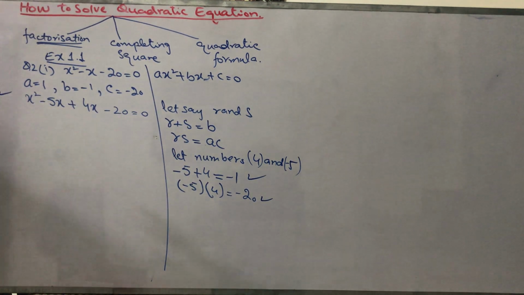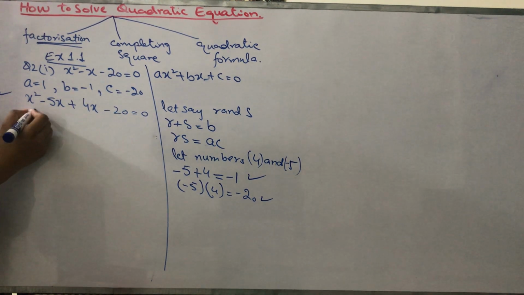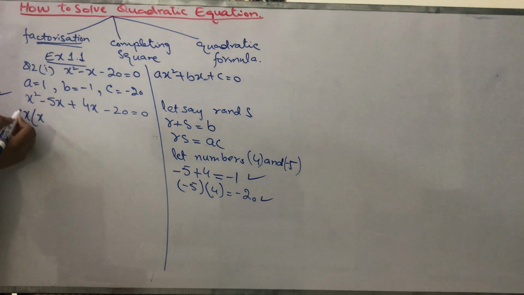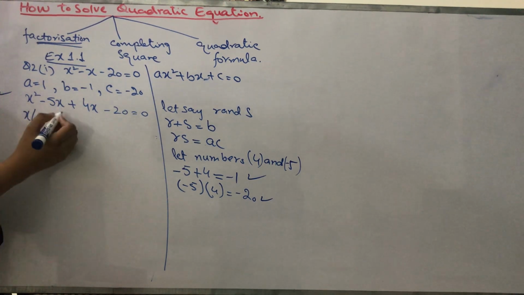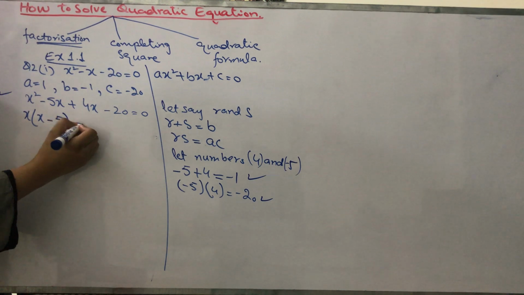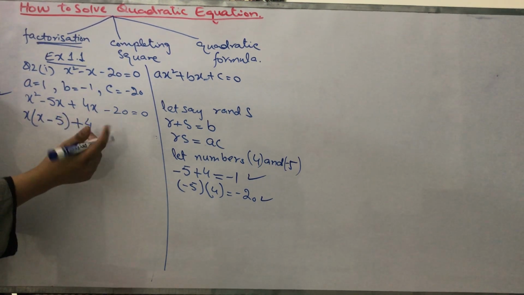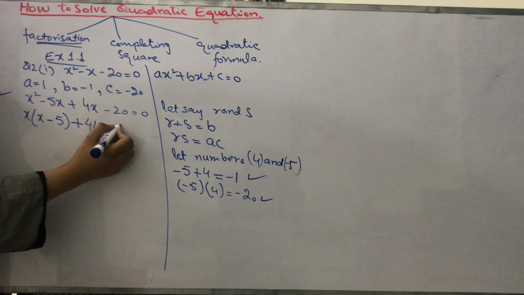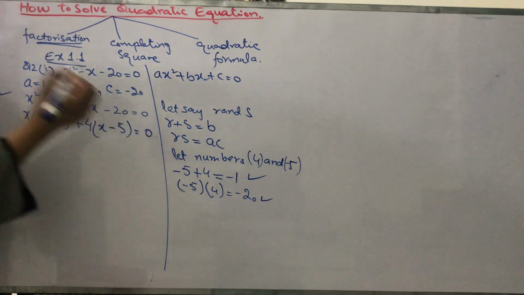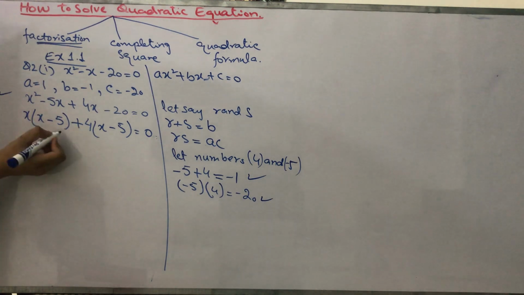Okay. So how to make factors? What is common? X is common. So what should I write here? X outside. What is left? X minus 5. Plus 4 is common because 4 times 5 is 20. What is left is x minus 5 is equal to 0. Now this is the important tip you should remember.